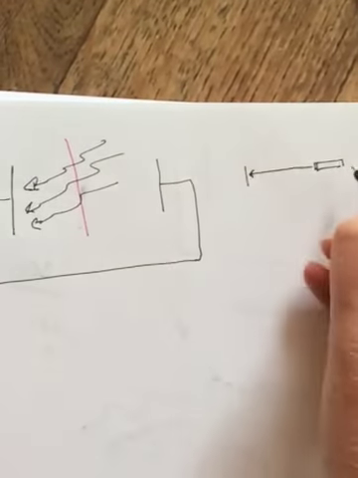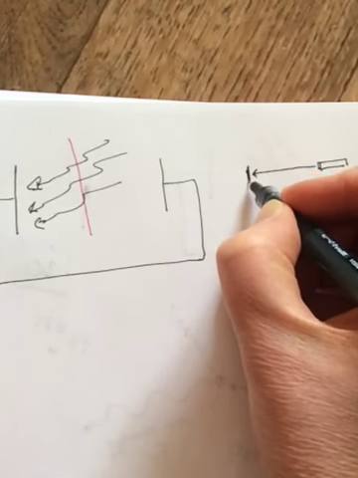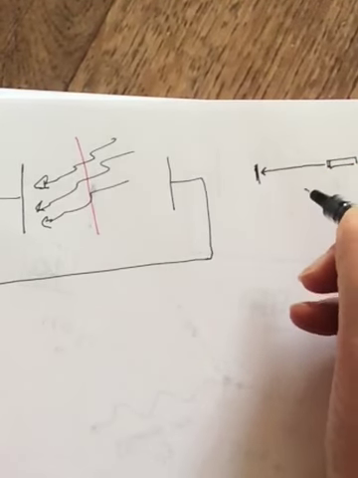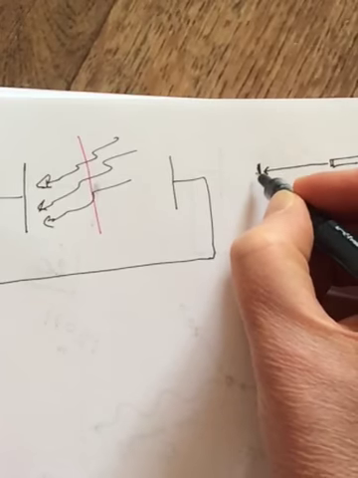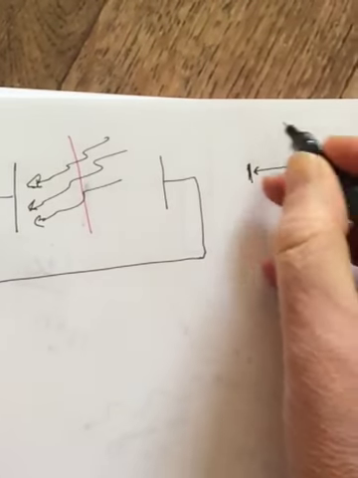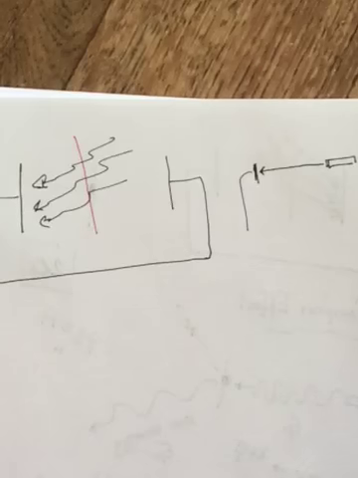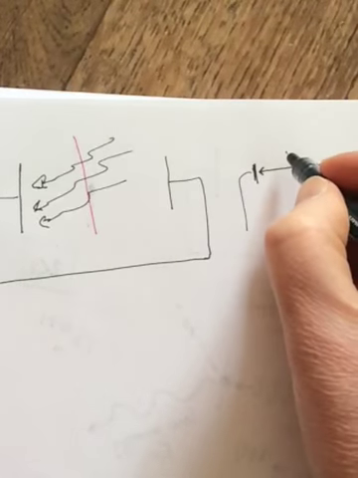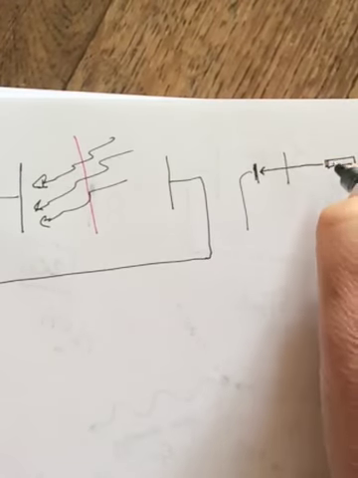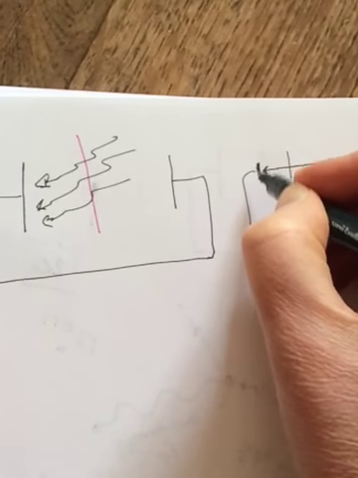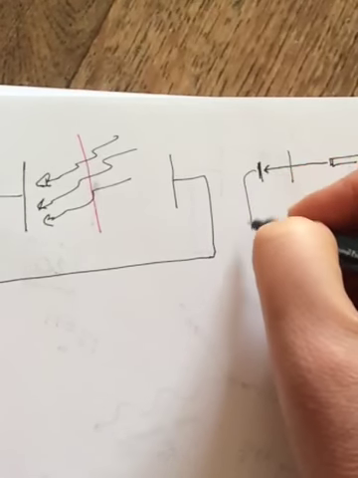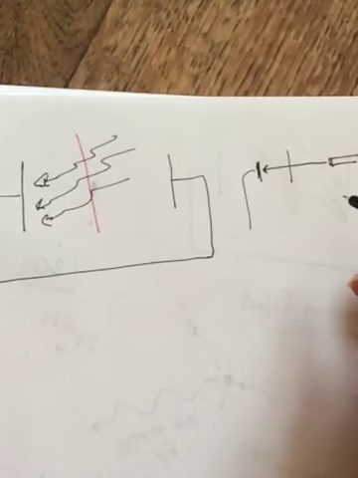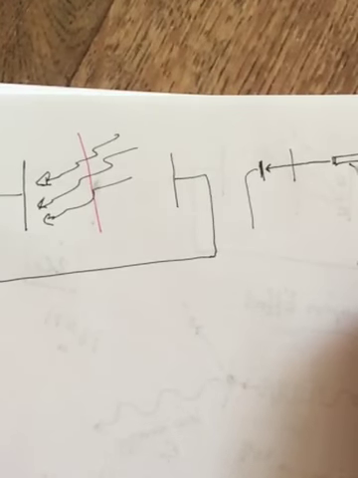So the laser beam goes from one wall to the other, and on the other wall is the photosensitive metal. And as long as the laser beam's hitting it, then there's a circuit that's completed and the alarm is good. But as soon as something blocks that laser beam, so it's no longer hitting the photosensitive metal, the circuit is no longer completed, and the alarm sounds.